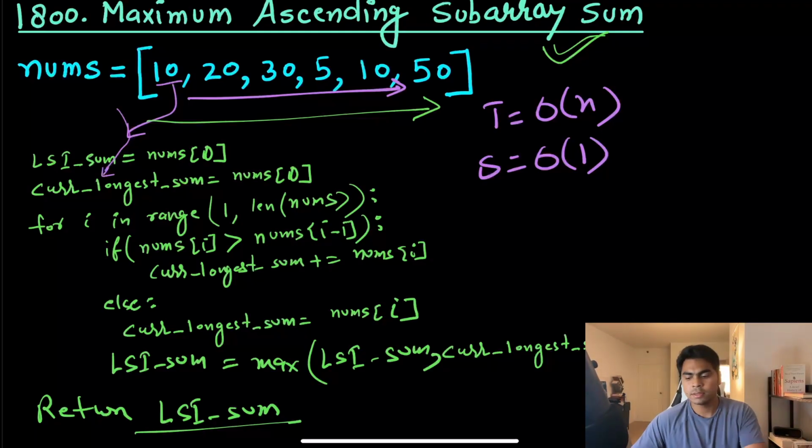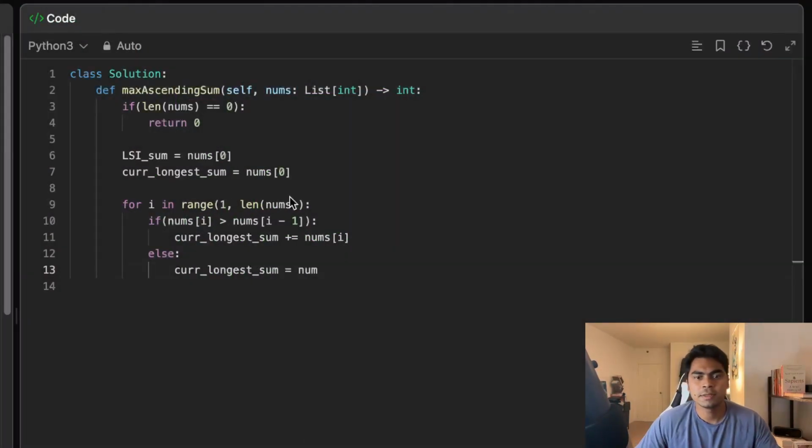So that was a mistake, not even a typo. So current longest sum will be nums ith value, because I will start looking from my current position.